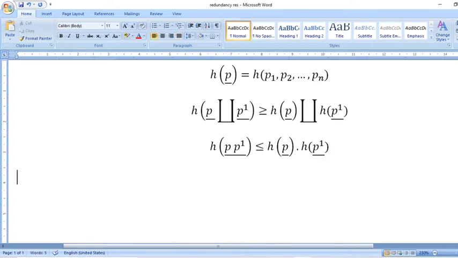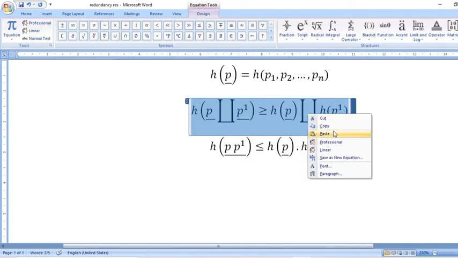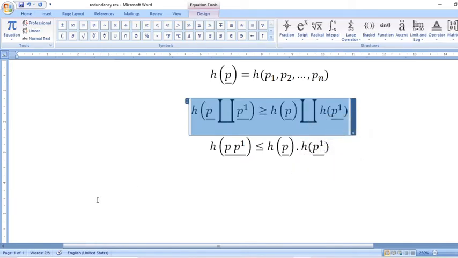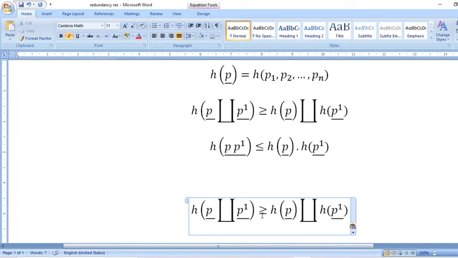How can we prove this result? First of all, we shall compute this minus this one. Okay.